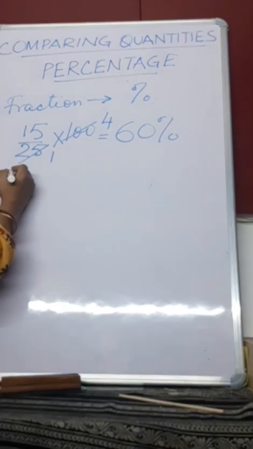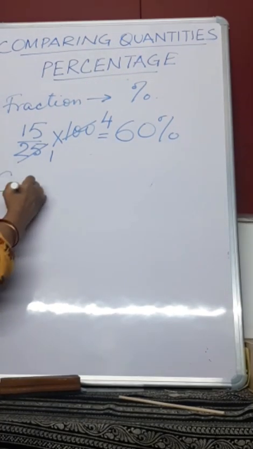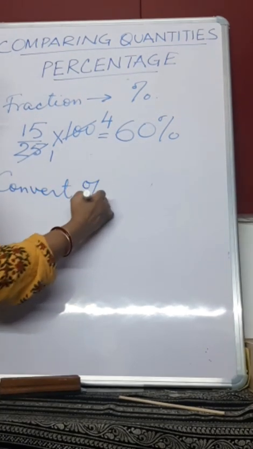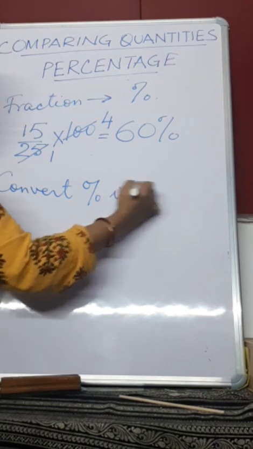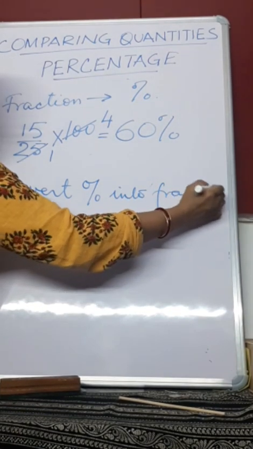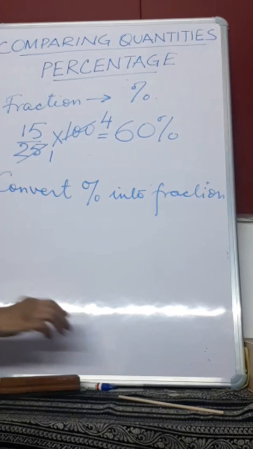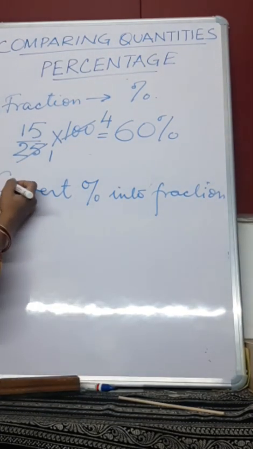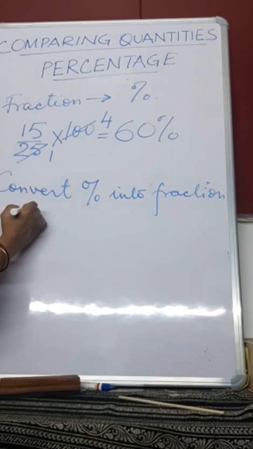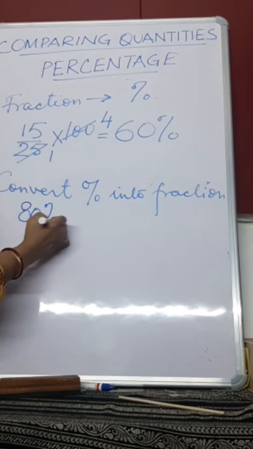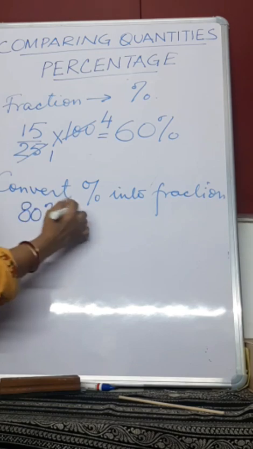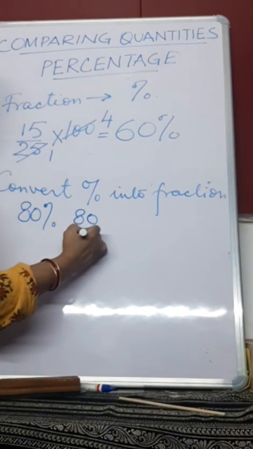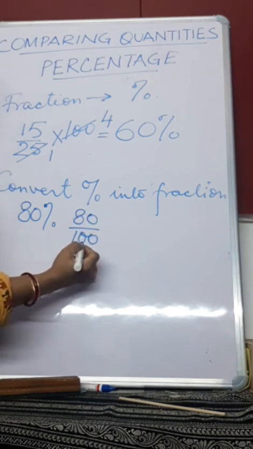The next, convert percentage into fraction. For this, what do we have to do? See, I got 80% marks in maths. So first I'll find out how much marks. 80% means if the marks is 100, I have got 80.